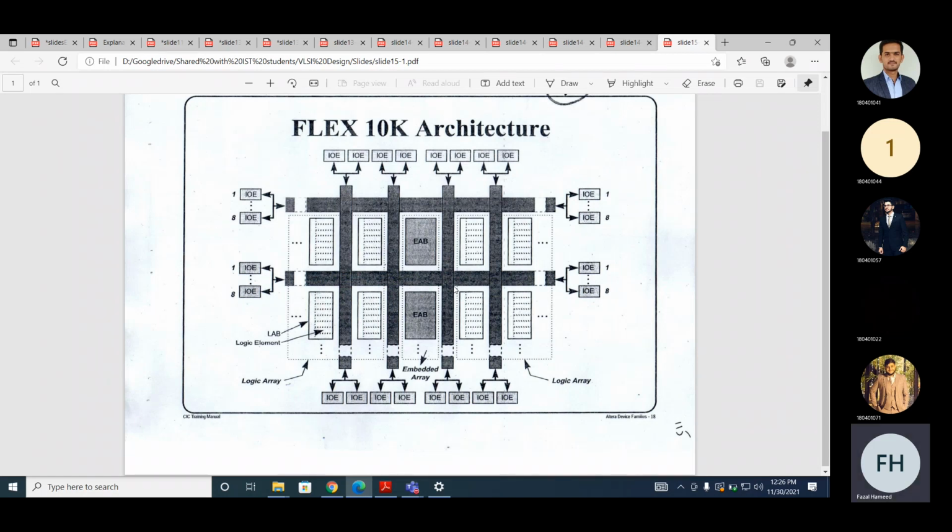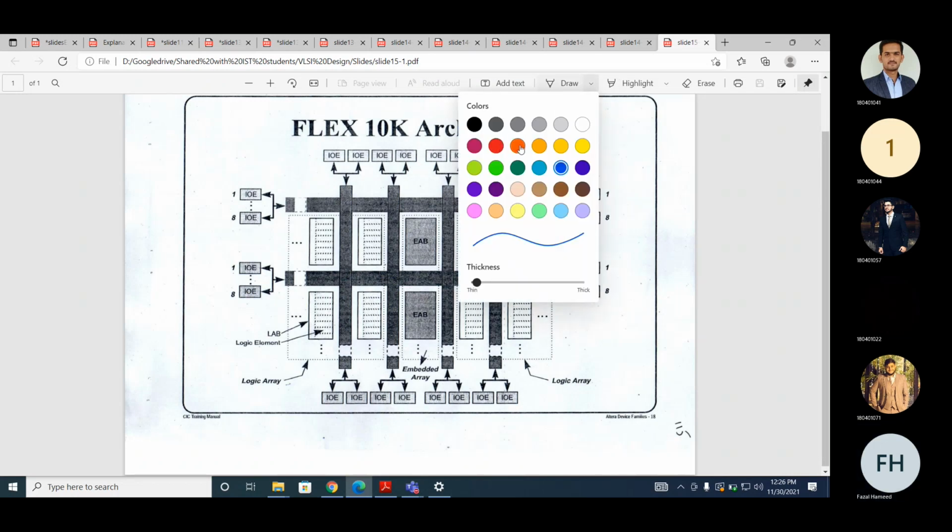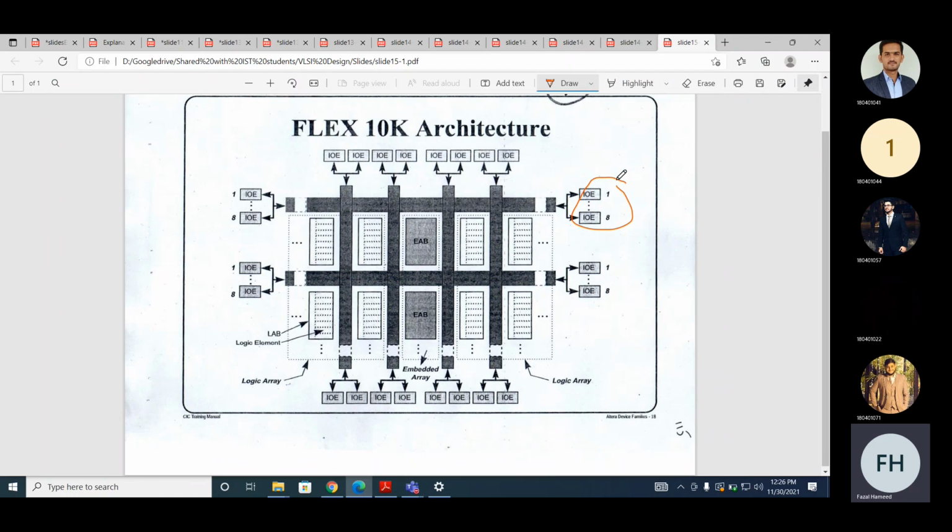So what's there? If you look at this architecture, what are these? Input output elements: combination input or sequential input, or combination output or sequential output with a programmable slew rate control. What is this? Logic array block, LAB. This logic array block consists of 8 logic elements. Row fast track interconnect.